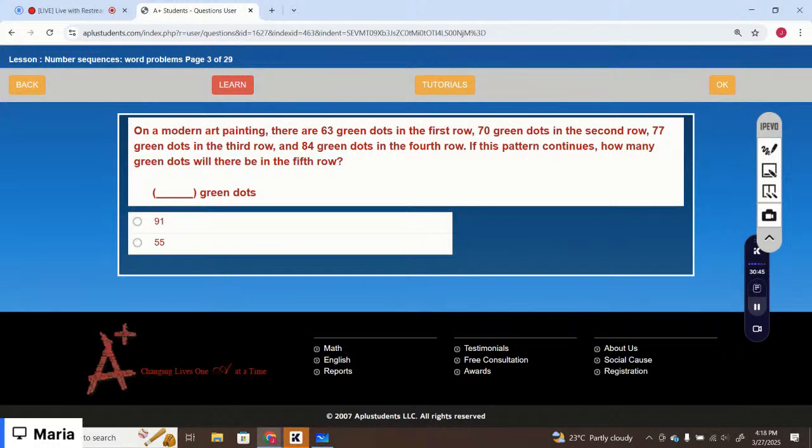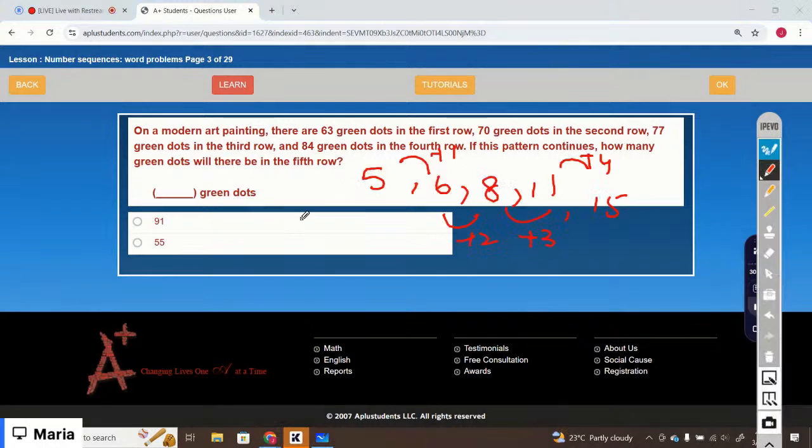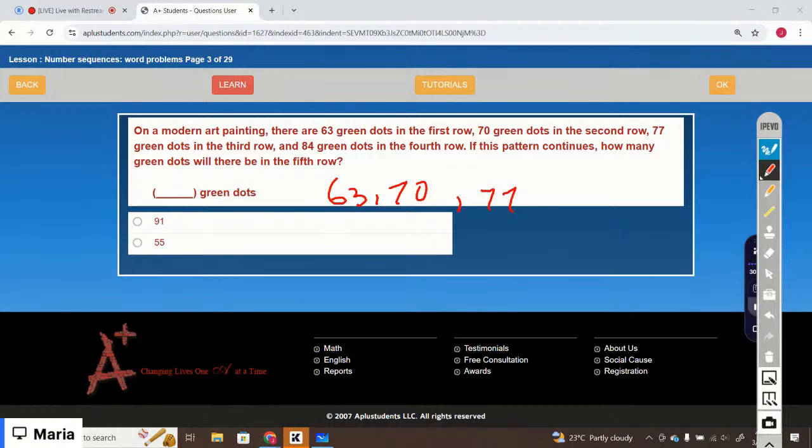On a modern art painting, there are 63 green dots on the first row, 73 on the second, 77 on the third, 84 on the fourth row. You need to add 7 for the next one.